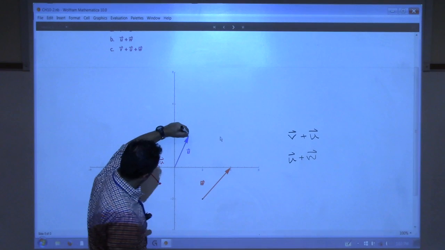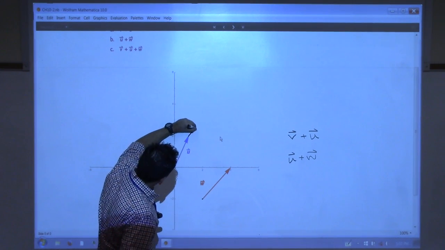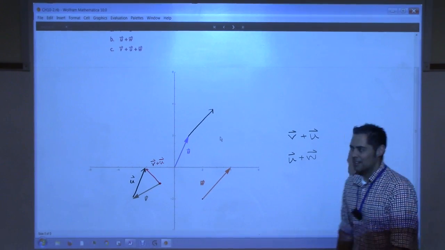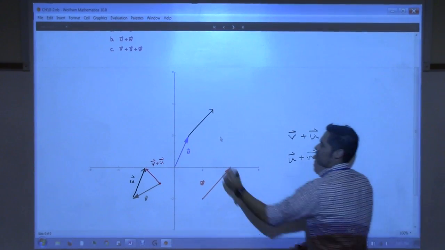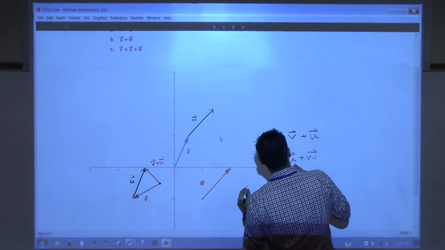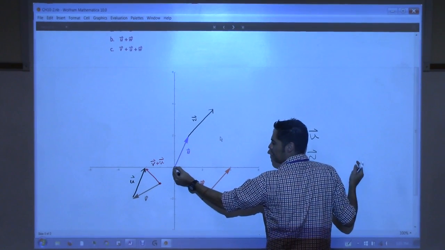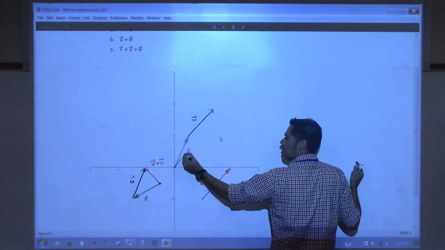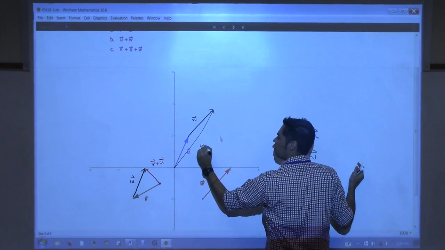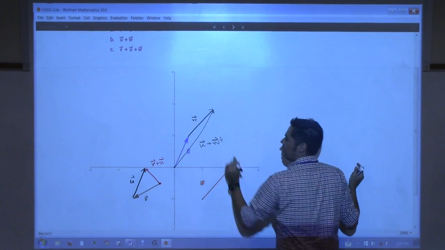So what do you say? Something like, I don't know. Is that good enough for you? All right, so this is w. And then u plus w will be the vector going from the tail of u to the tip of w. So u plus w is there.